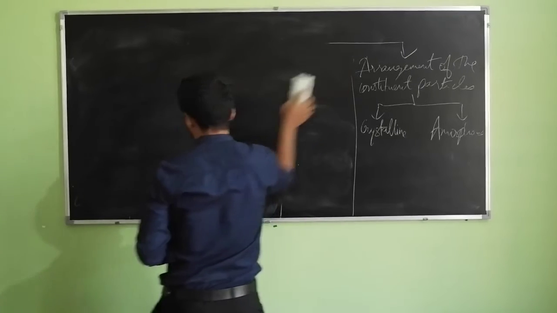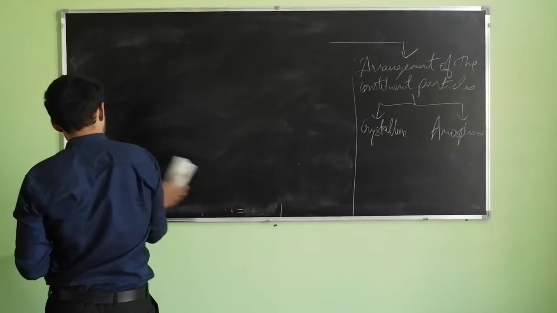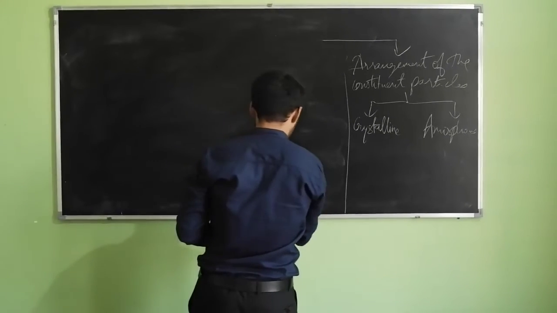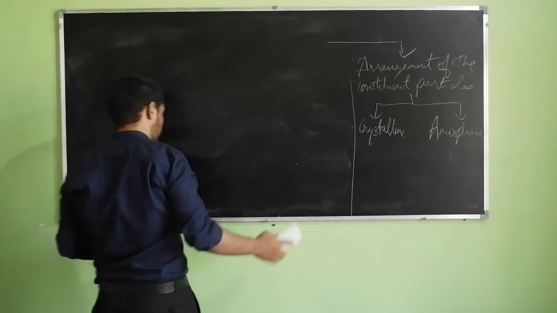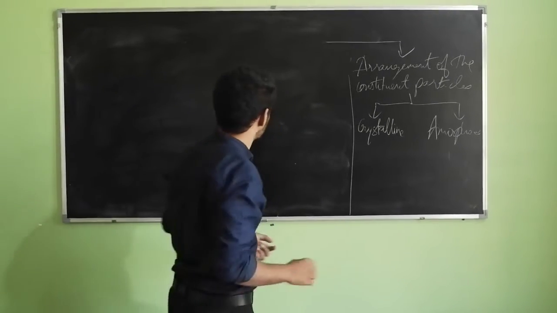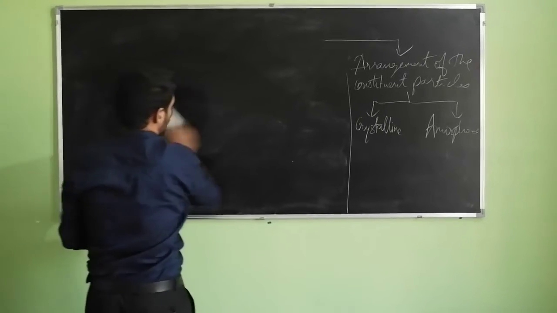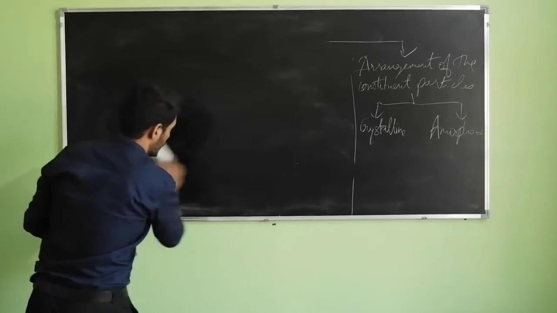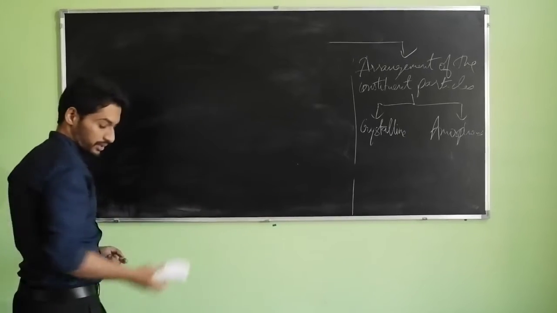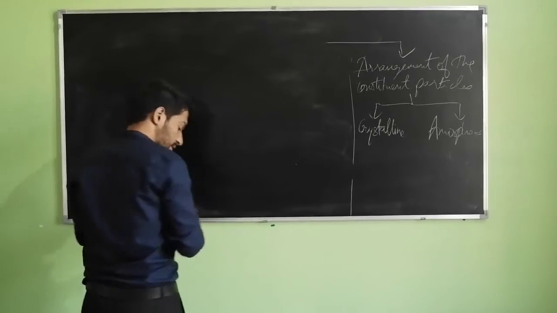They are made up of the same carbon. But the question is, why is graphite soft as compared to diamond? What's the reason behind it? We need to see that. And also I'll show you why graphite is slippery as well. So now let's discuss it.